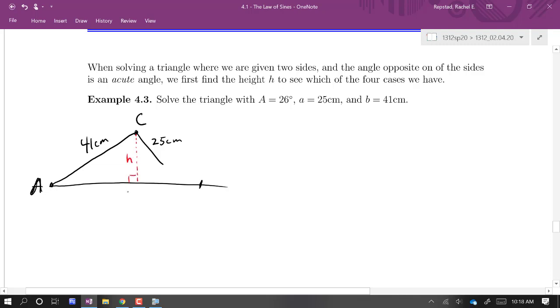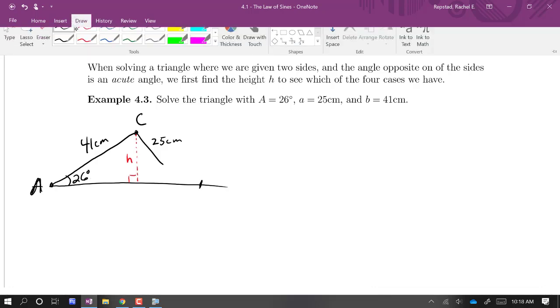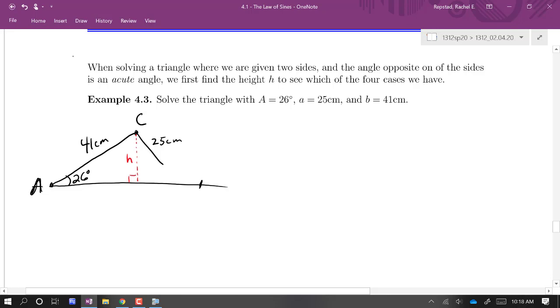And again, it's a perpendicular height. This is 26 degrees. So we can use SOHCAHTOA to find that height. We know that sine of 26 degrees is h over 41, just looking at this right triangle.